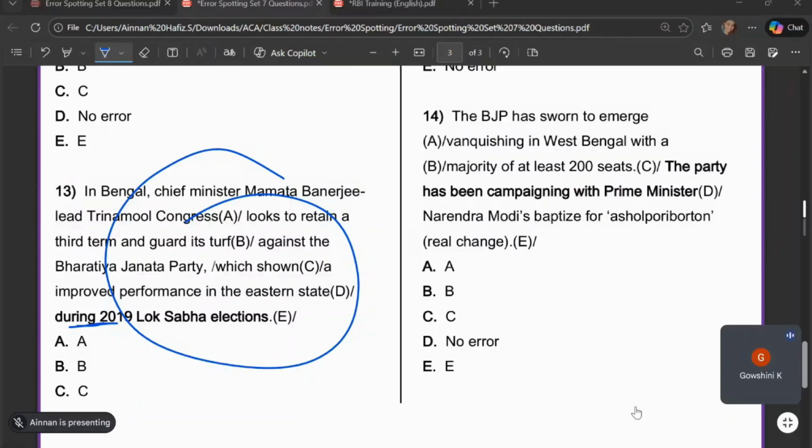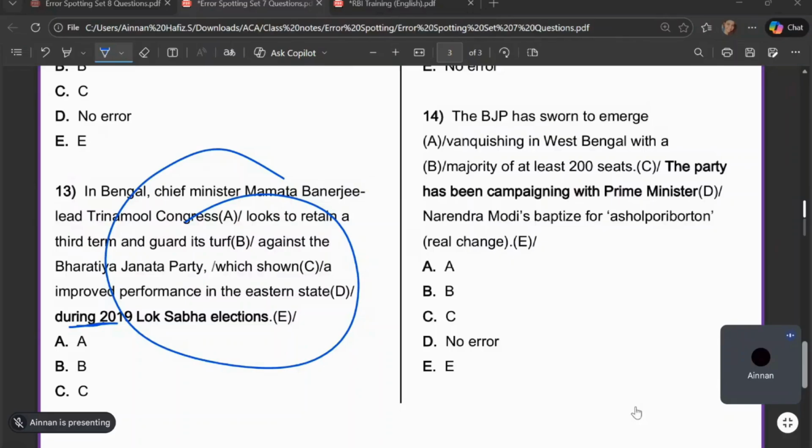Ma'am, it's no error. The party has been campaigning with Prime Minister Narendra Modi's baptized for. What's that word?